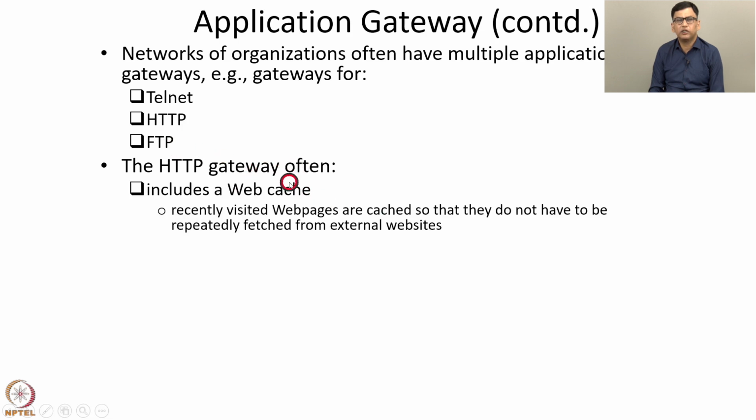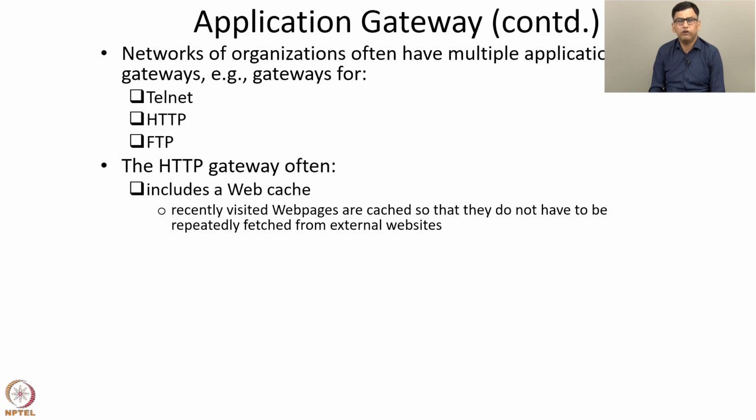It includes a web cache. That is, recently visited web pages are cached so that they do not have to be repeatedly fetched from external websites. For example, many users from inside the organization's network may visit the website of Times of India. When a user connects to Times of India's website and downloads, the HTTP gateway downloads the web page, and then if another user attempts to connect to Times of India's web page, the HTTP gateway retrieves the web page from its cache.